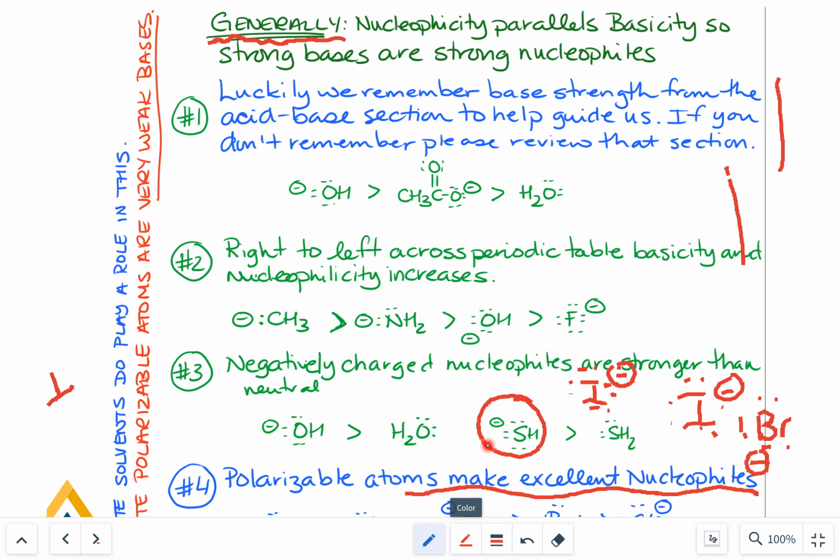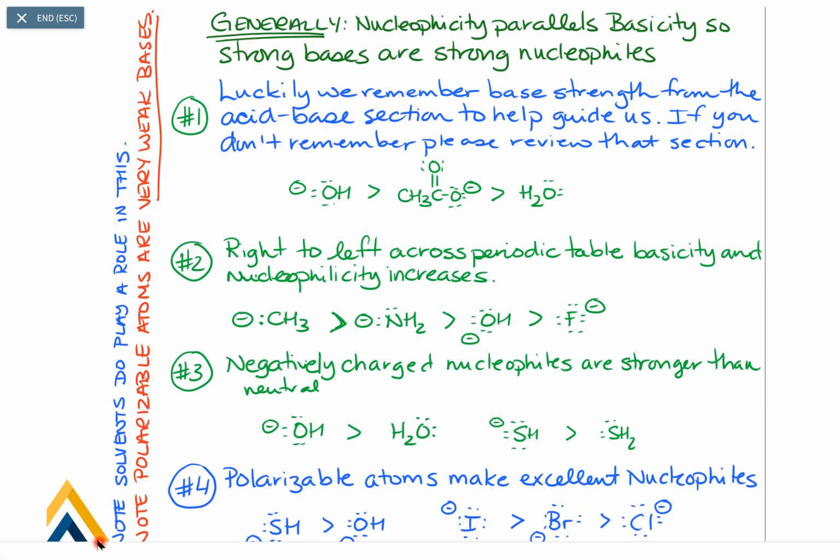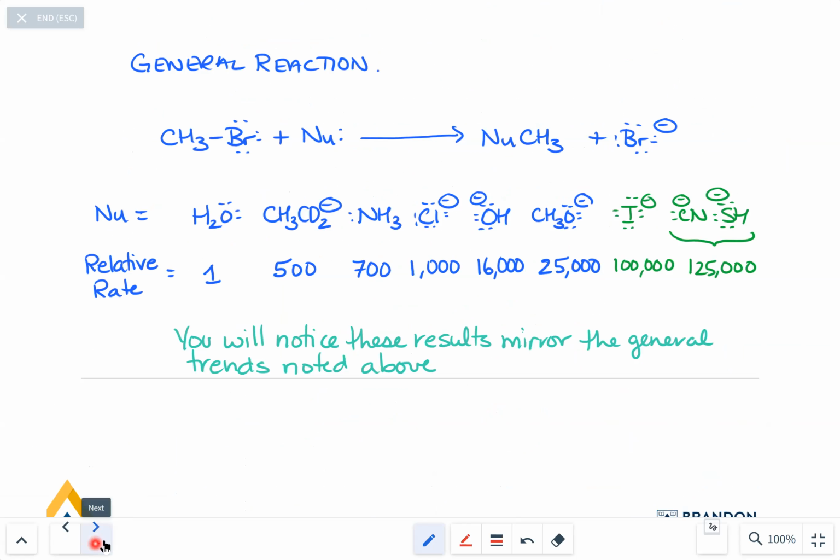Okay, so I have, oops, that's wrong. Oh, and we're about to run out of time, but this was the general reaction here, just to show this. Somebody ran an experiment and they used methyl bromide as their alkyl halide, and they changed the nucleophile, kept the reaction conditions the same, just to test and measure the rate of the reaction, just to see how the rate would increase.